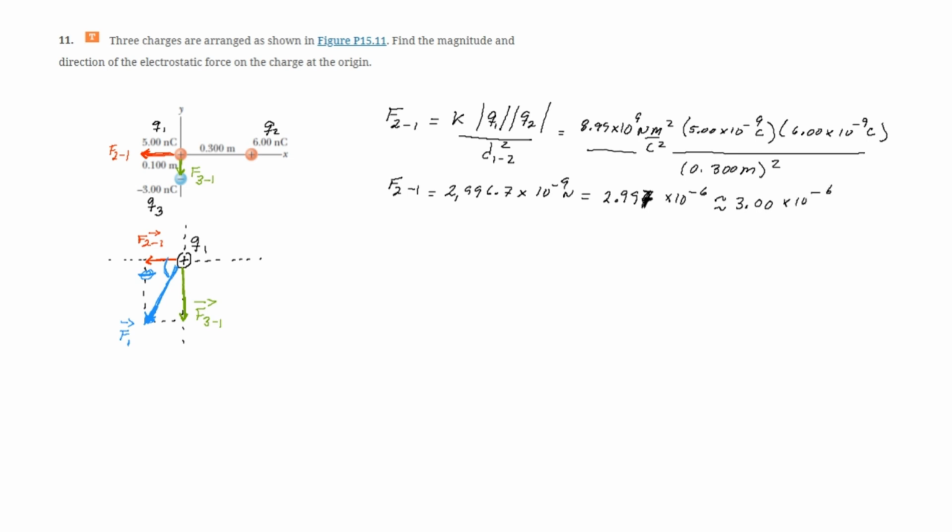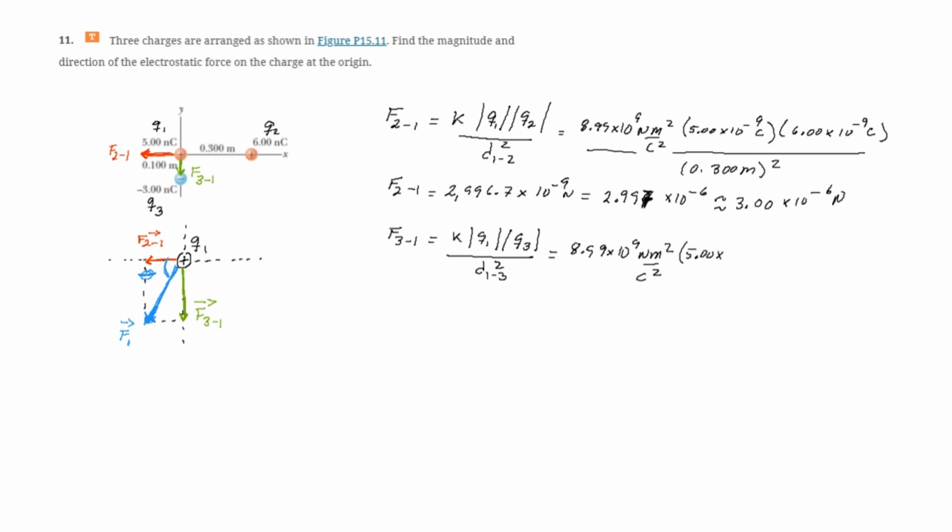Now I'm going to find the force of 3 on 1. And the force of 3 on 1 is K times the absolute value of Q sub 1, absolute value of Q sub 3, over the distance from 1 to 3 squared. K is 8.99 times 10 to the 9 newton meters squared per coulomb squared. The absolute value of Q sub 1 is the absolute value of 5 nanocoulombs, so it's 5.00 times 10 to the negative 9 coulombs.